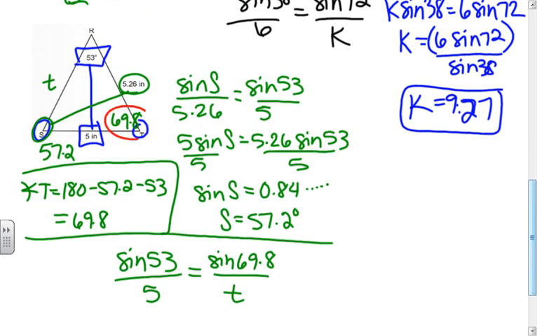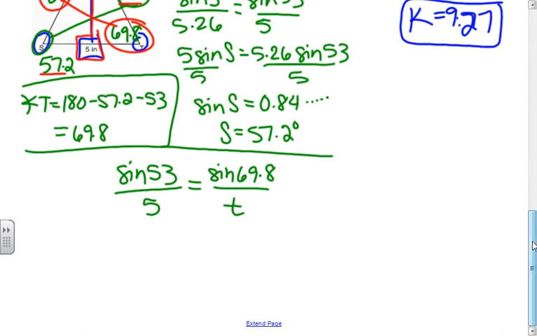So I'm going to use this value and its side, and this blue value it was given, and that side. Now I could use 57 and 5.26, but if I made a mistake in 57, obviously all my calculations are wrong, but whenever possible, always use given information.